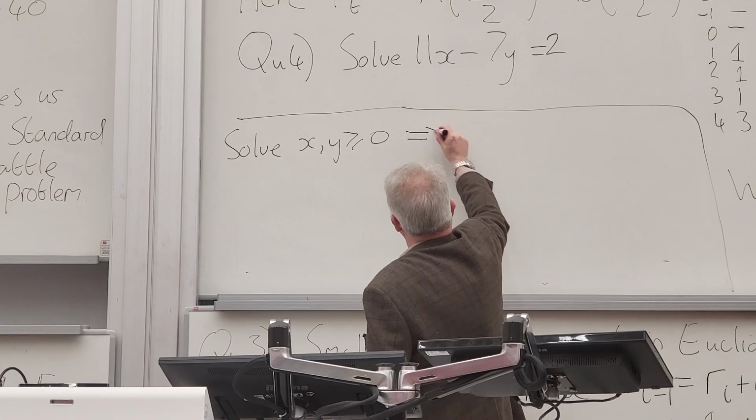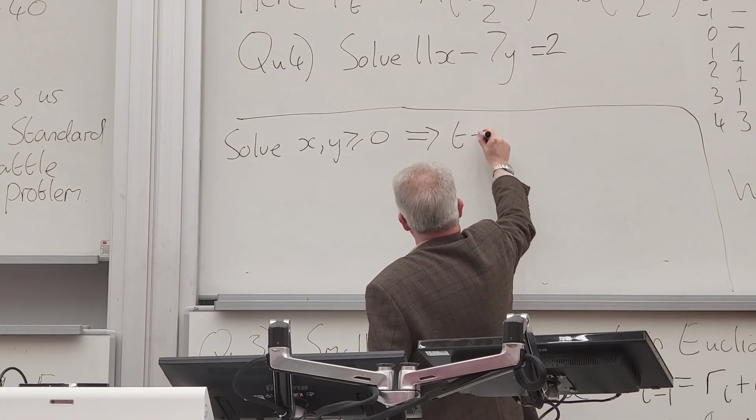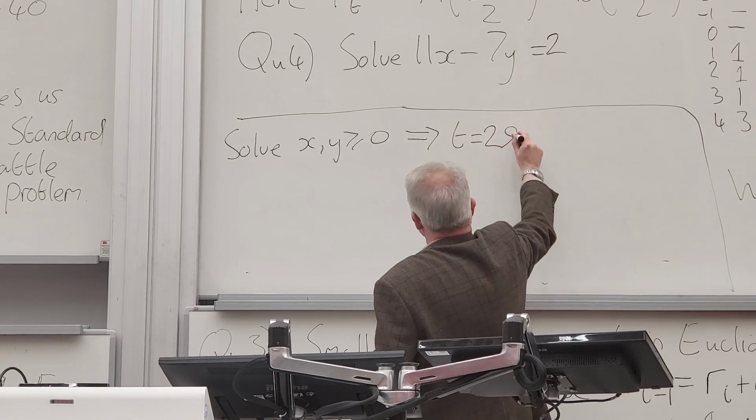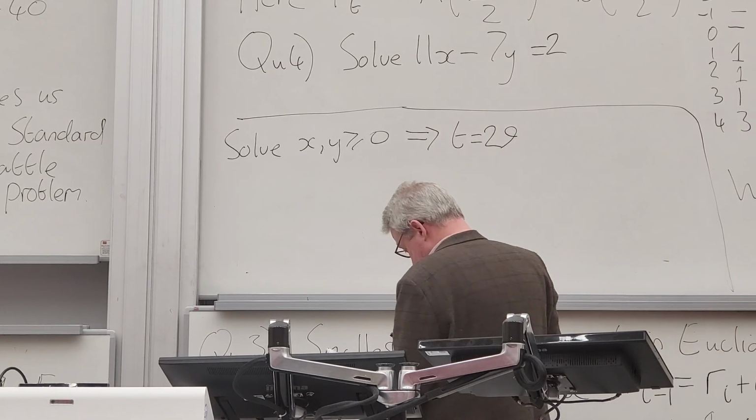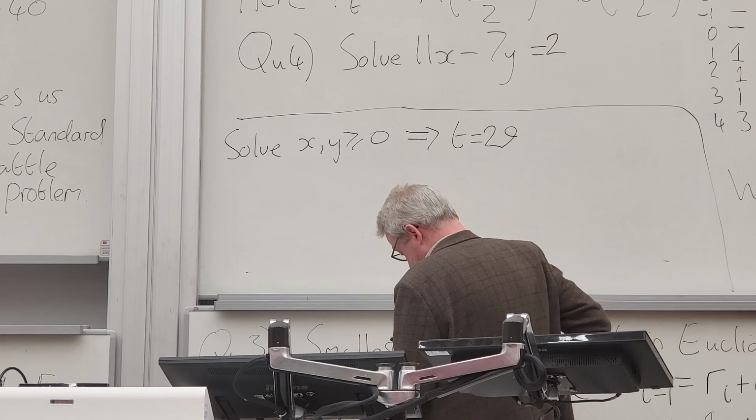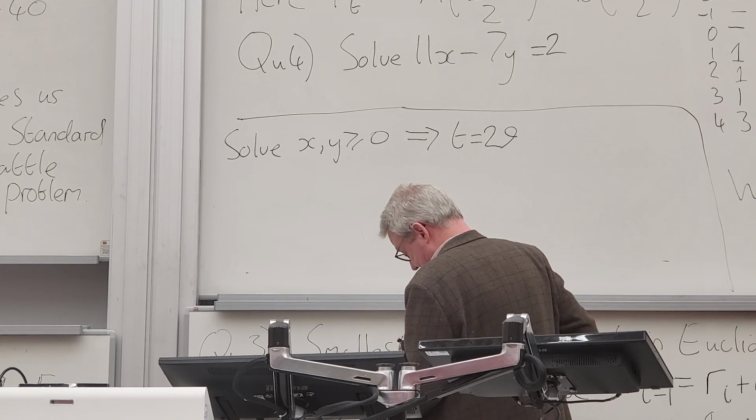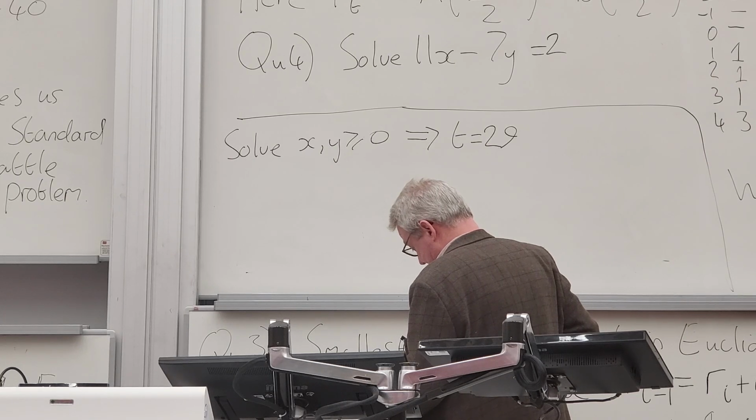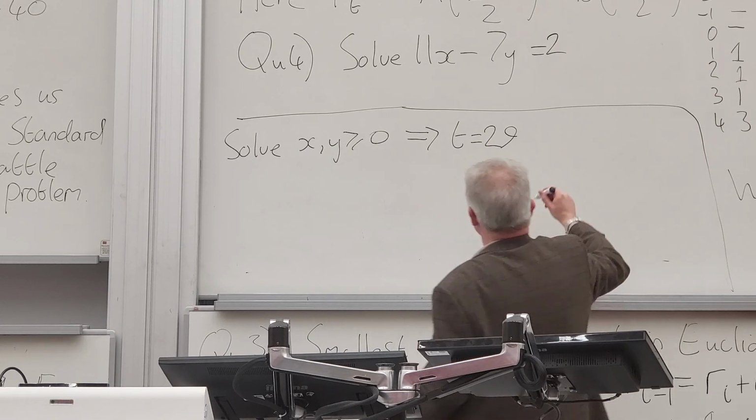And you get only one value, you get t is 29. And that in turn gives x equals 5, y equals 3.